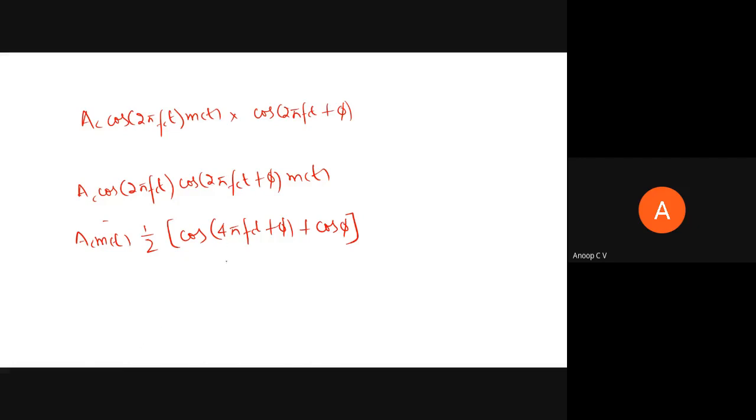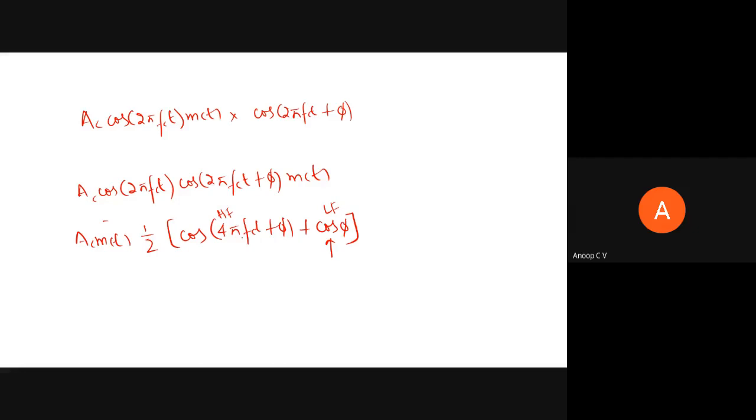This cos 4 pi fct, as I've been telling even before, is nothing but a cosine with frequency 2fc. And this cos phi will be constant at any given time. So what we have is Ac m of t half cos 4 pi fct, which is a high frequency term, and this is a low frequency term.